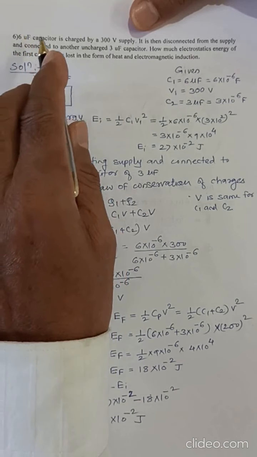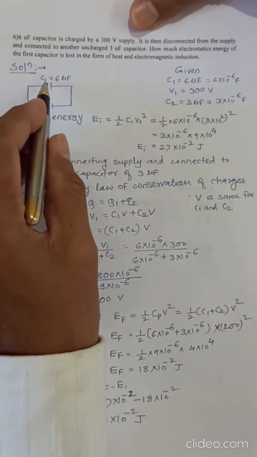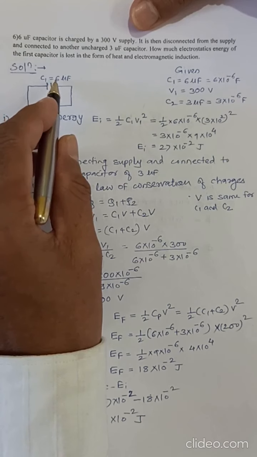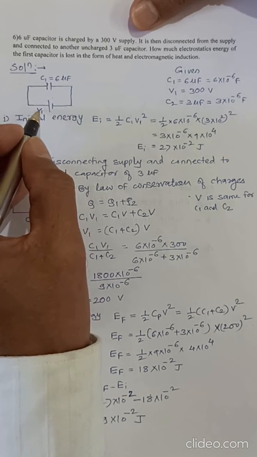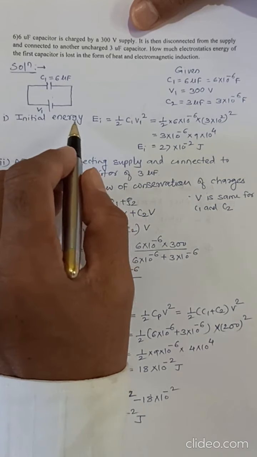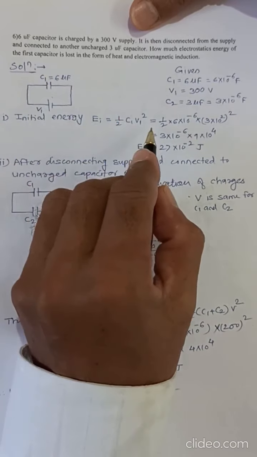6 microfarad capacitor is charged by 300 volt. So here C1 is equal to 6 microfarad and potential applied is V1. So initial energy EI is equal to 1/2 C1 V1 square.